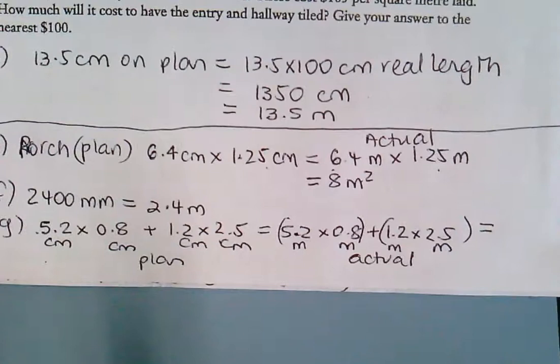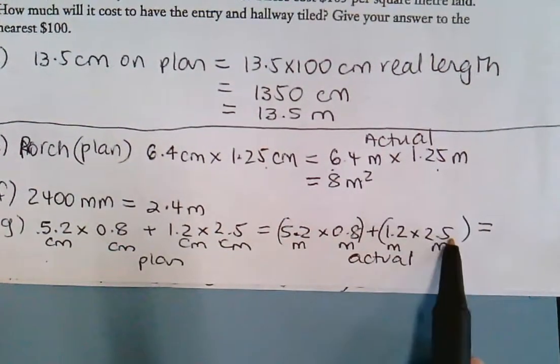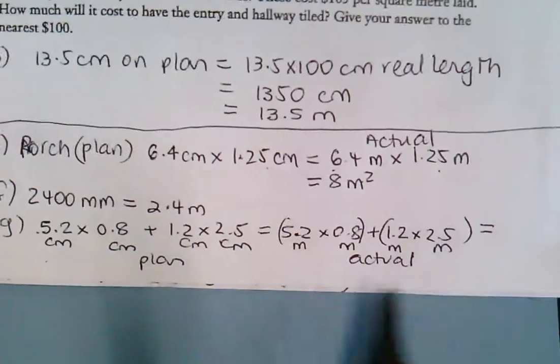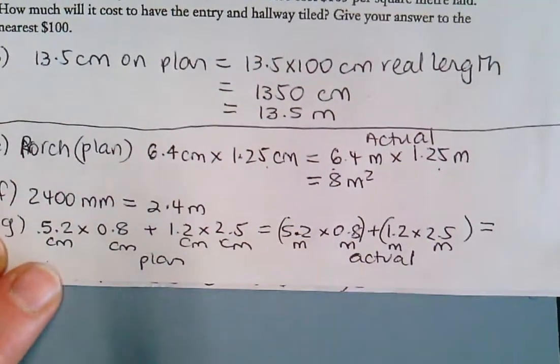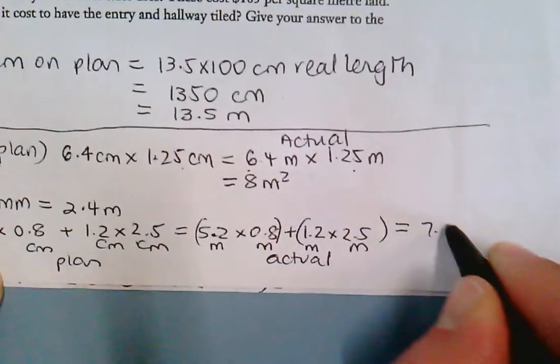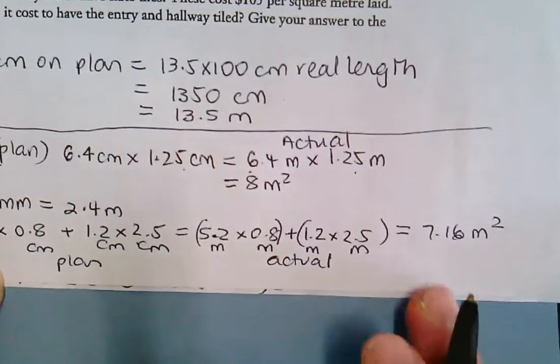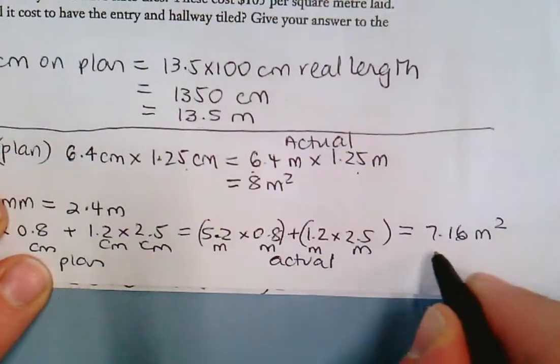The entry is 3, and this one's 4.16, so 3 and 4.16 make 7.16. So we've got 7.16 metres squared for the total area, and it's $105 per square metre.